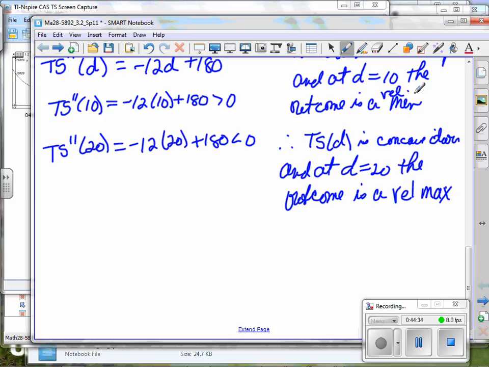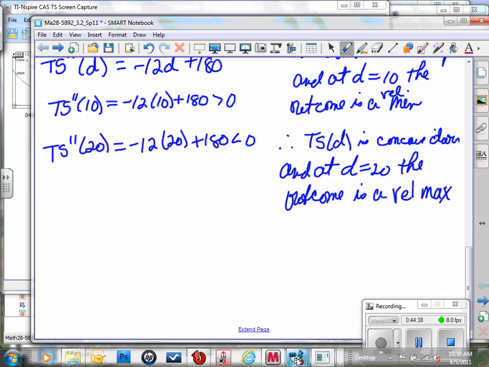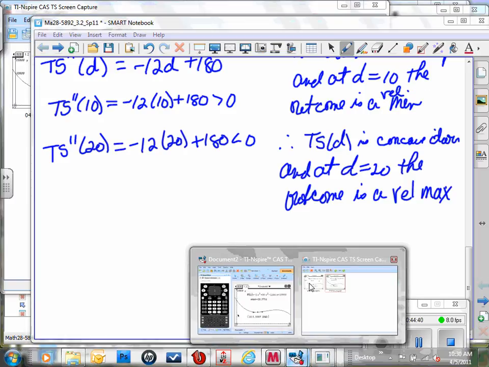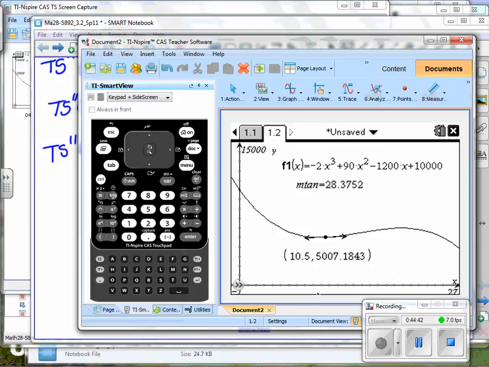Let's talk about that just for a moment. Why is the word relative more appropriate than the other one, absolute? Why is it relative?